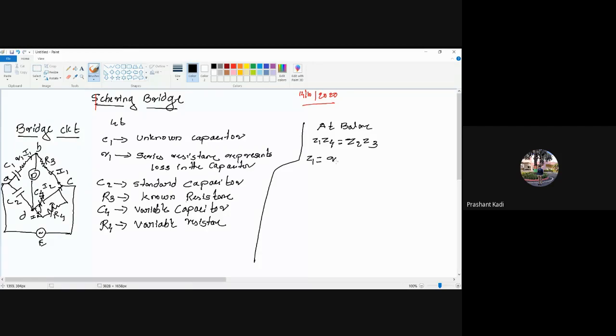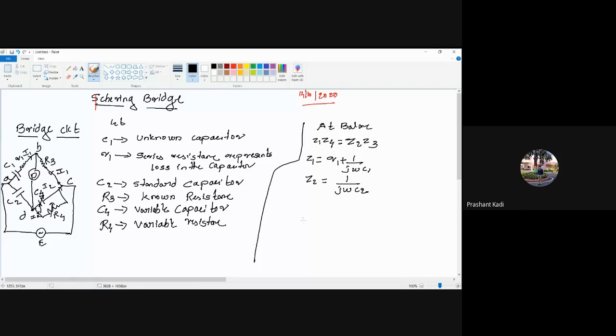Small r1 plus 1 by j omega C1, resistance plus capacitive reactance. Whereas Z2, the second arm AD, has only the capacitance, so Z2 is written as 1 by j omega C2.